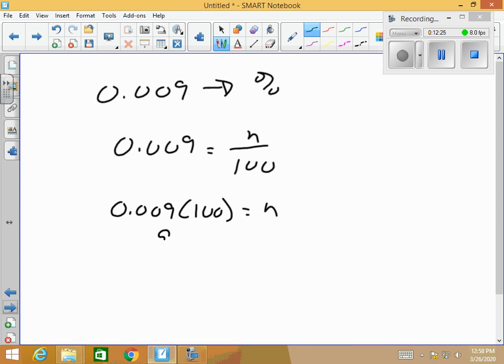So this would be 900. And I have 1 digit behind, 2 digits behind, 3 digits behind. And there's my decimal. So I get 0.9 is n. When I plug this guy back in, I get 0.9 per 100, or 0.9%.